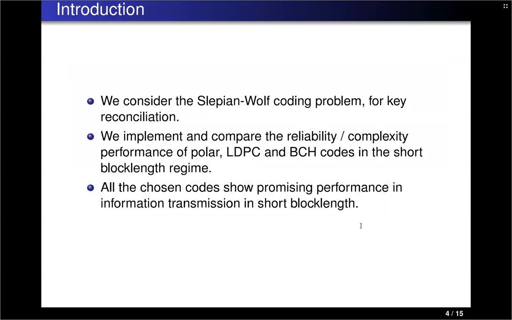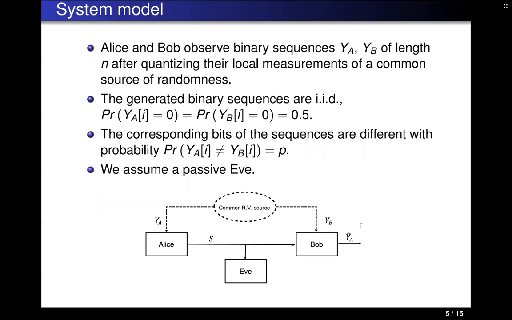So in this paper, we consider the Slepian-Wolf coding problem for key reconciliation. We consider short block lengths due to the low latency applications in 5G. And we consider and implement three different families of codes: Polar, LDPC, and BCH codes.